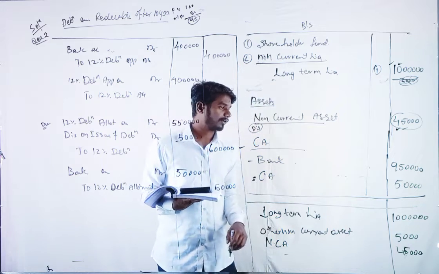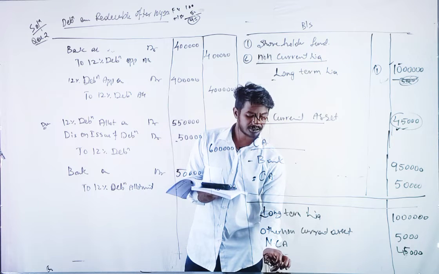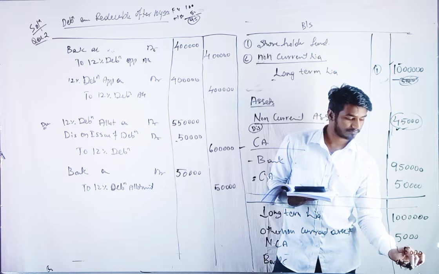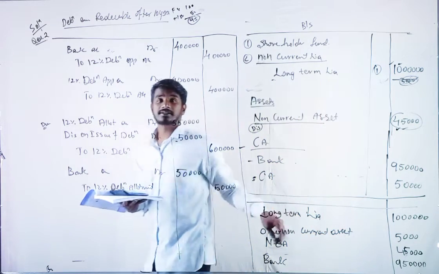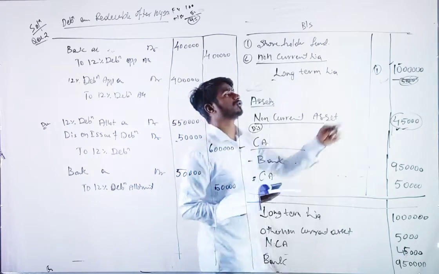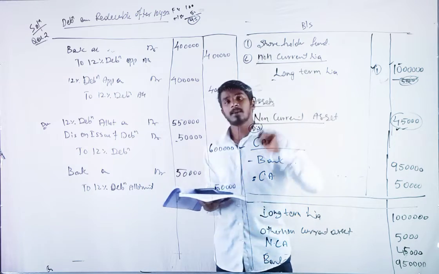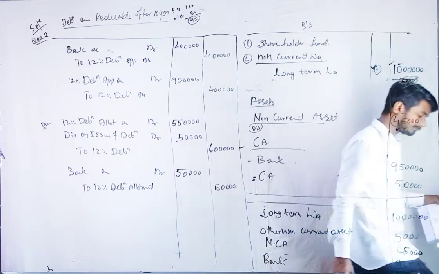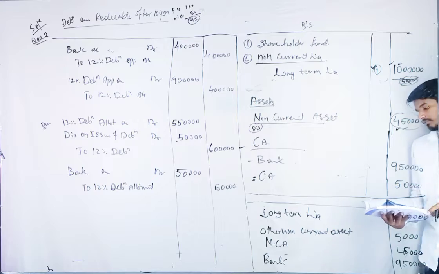And we should show in the last, in the cash and cash equivalent, bank 9,50,000. Yes, you should create separate notes to accounts for each and everything, and give a note number in the separate column, right? Is that fine? Yes, you can take it down. Question number 2 is done. Let us move to question number 3.